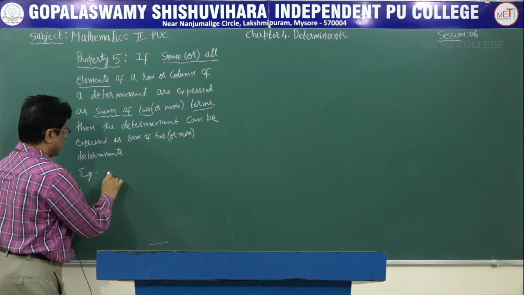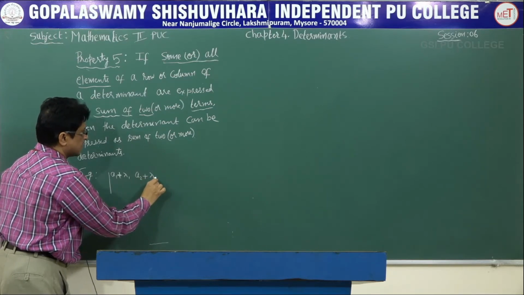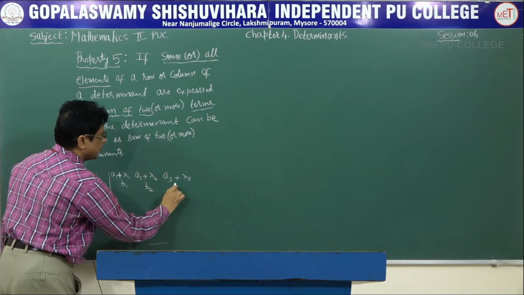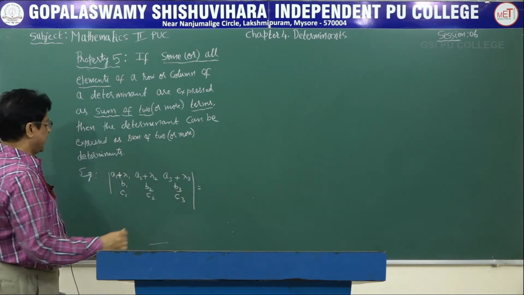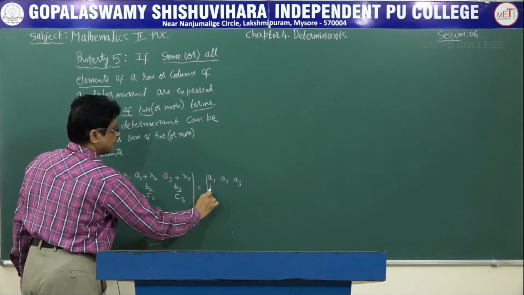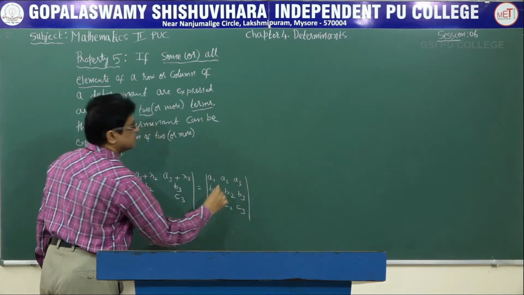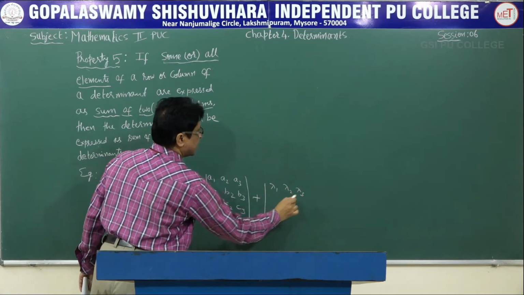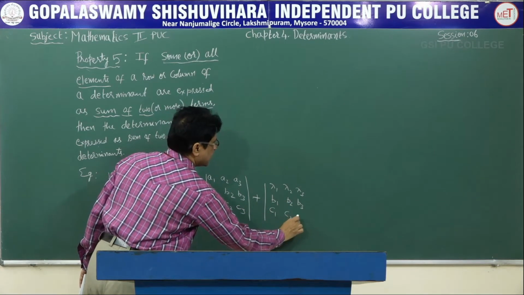For example, the determinant of a1 plus lambda 1, a2 plus lambda 2, a3 plus lambda 3, b1, b2, b3, c1, c2, c3 will be equal to the determinant of a1, a2, a3, b1, b2, b3, c1, c2, c3 plus the determinant of lambda 1, lambda 2, lambda 3, b1, b2, b3, c1, c2, c3.